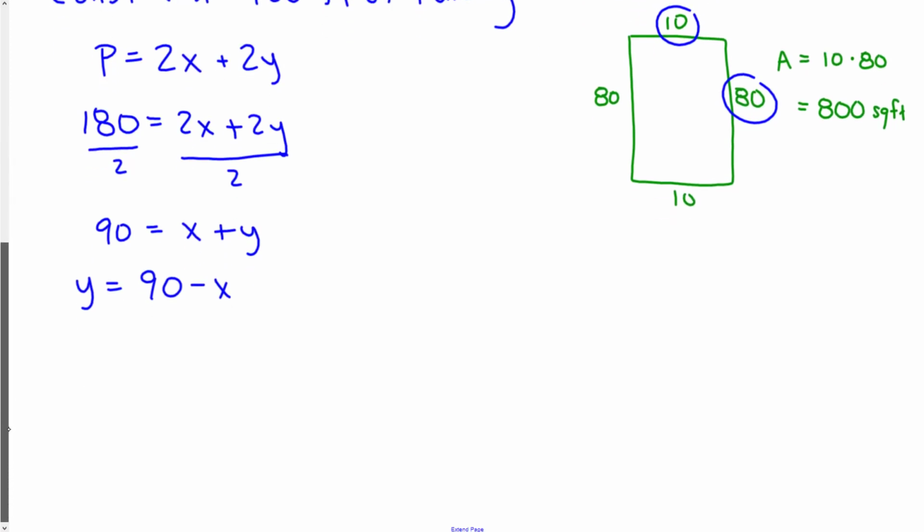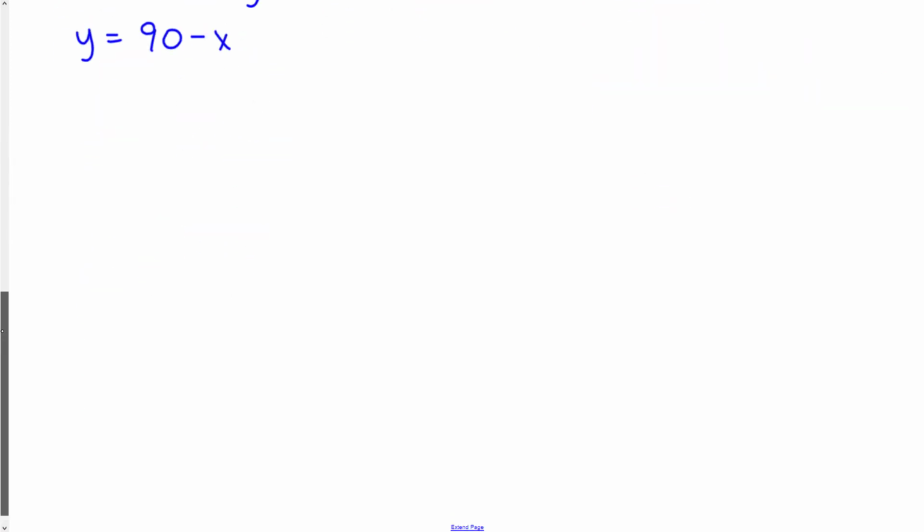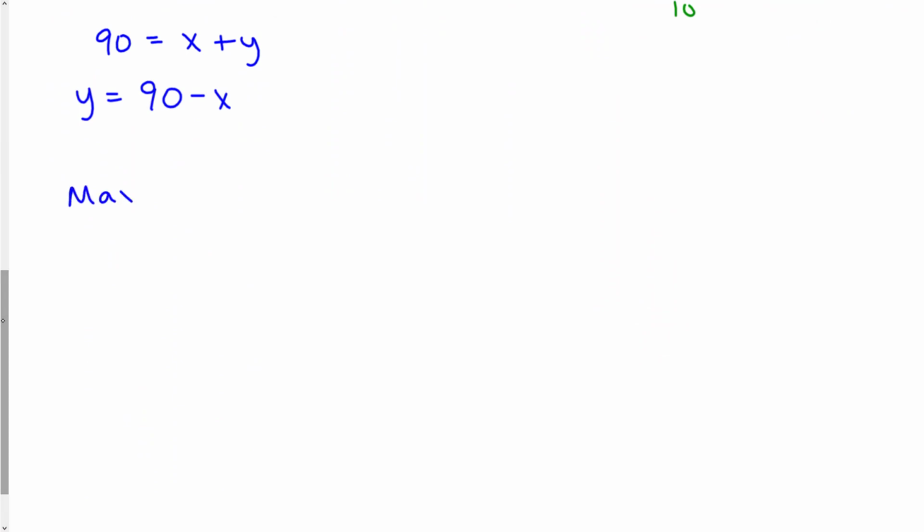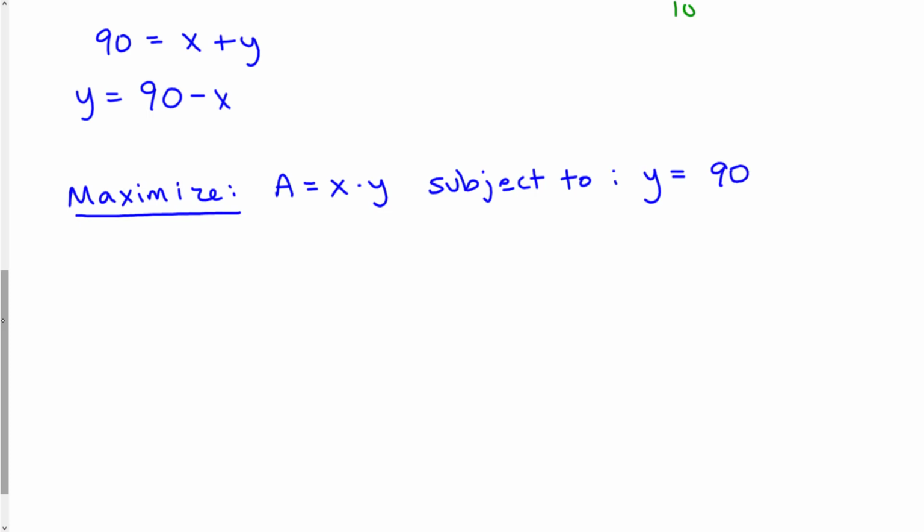So if I want to maximize A equals x times y, subject to the constraint y equals 90 minus x, then I have that the area could be found using the formula x times 90 minus x, or the area is 90 times x minus x squared.